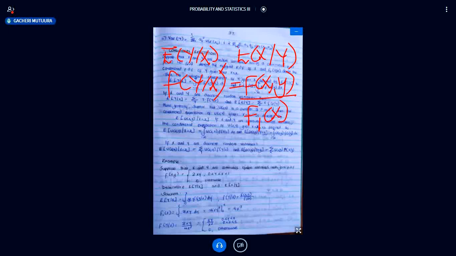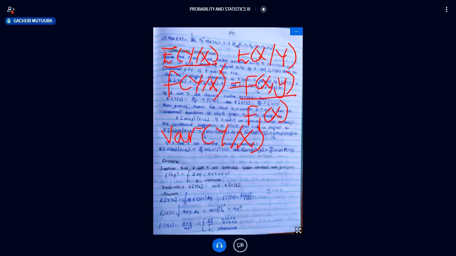So the first step, once you are asked for the expected value of y given x, or in the variance definition, you're asked for the variance of y given x, this is the conditional variance and the conditional expectation. The first thing you do is obtain the conditional distribution of y given x. If it is the expected value of x given y, first obtain the conditional distribution of x given y.